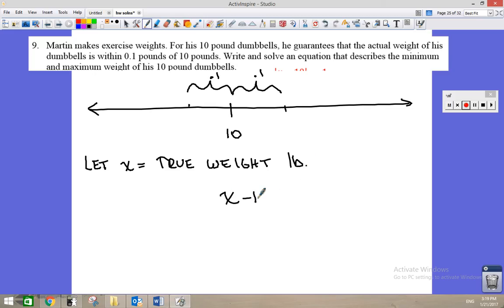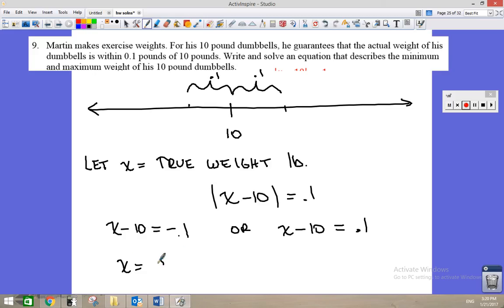Its target is 10, but its tolerance is within 1/10 of a pound. So if x minus 10 is equal to negative 0.1, or x minus 10 is equal to positive 0.1, x is equal to 9.9 pounds, or x is equal to 10.1 pounds.